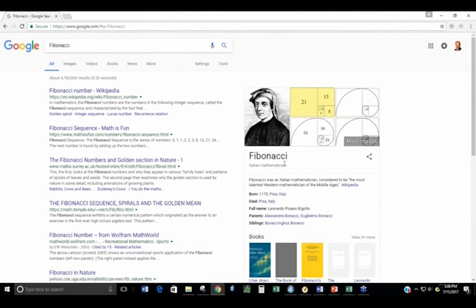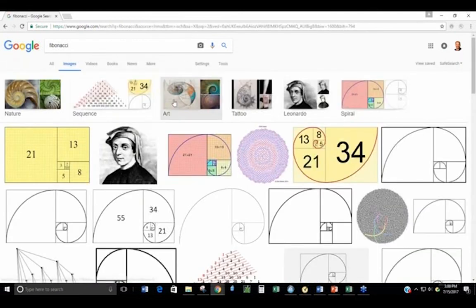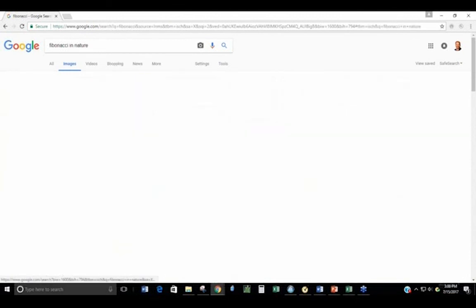And I'm just going to go, for example, now this is the guy. His name is Fibonacci, and he's got a real long name. He's a mathematician. He was around in the 12th, 13th century, and he saw something. He saw a wave pattern that repeated itself over and over and over again. And he saw it, first off, in nature.